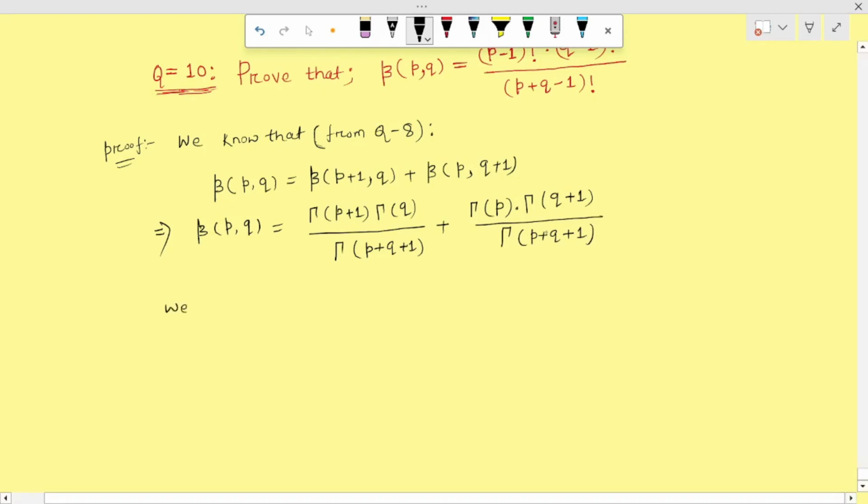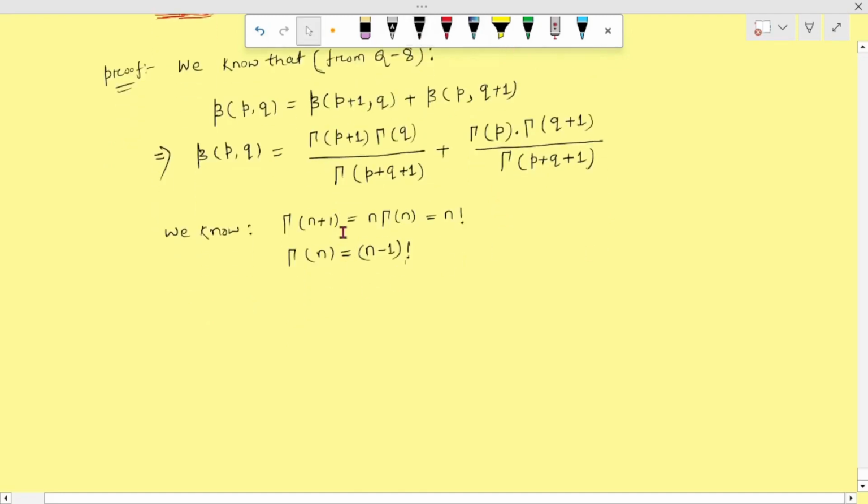We know from the properties of gamma function, gamma(n+1) is equal to n gamma(n), or n factorial. Likewise gamma(n) will be (n-1) factorial. We are familiar with this also. Now we are going to use this property in the above expression.